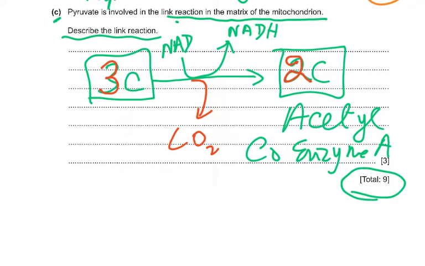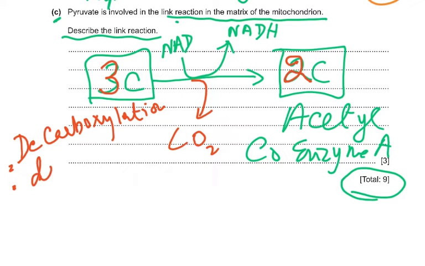I will give you the written points as well. You could have said decarboxylation. You got a mark for that. But if you've seen the carbon dioxide exiting, you can even get a mark for that. And then dehydrogenation is the hydrogen being removed, NAD being reduced to NADH. So that is dehydrogenation. And then of course reduced NAD produced.